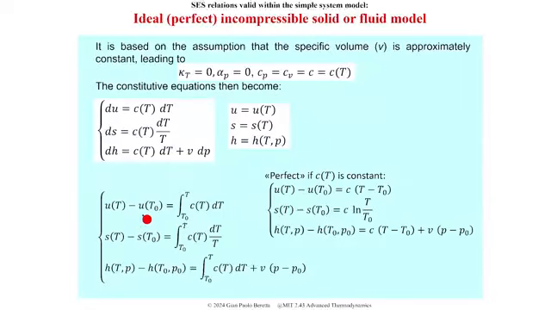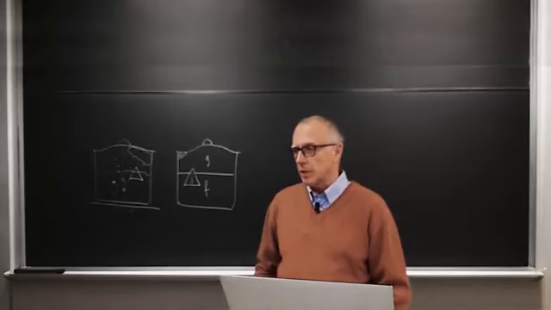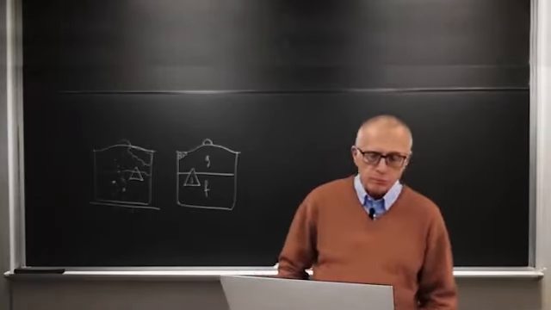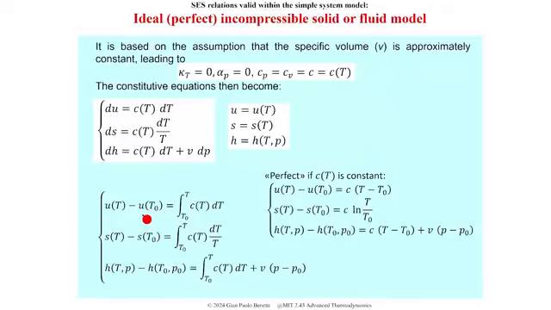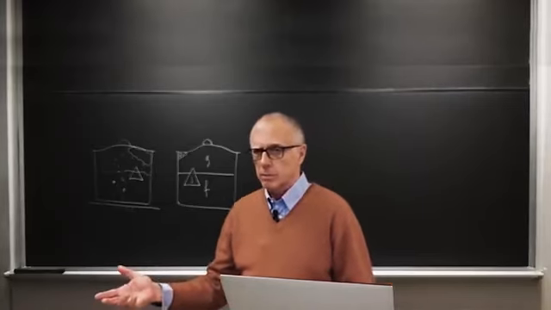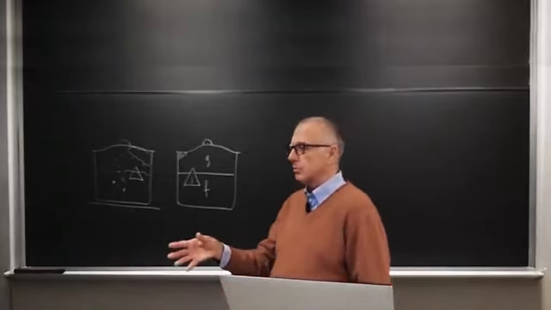And from that, we have some extremely simple examples, simple behaviors that we call ideal behavior. The first one is the ideal incompressible solid or fluid model, in which we assume that the specific volume is approximately constant because of the incompressibility.